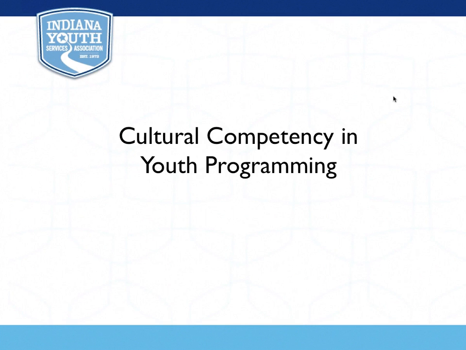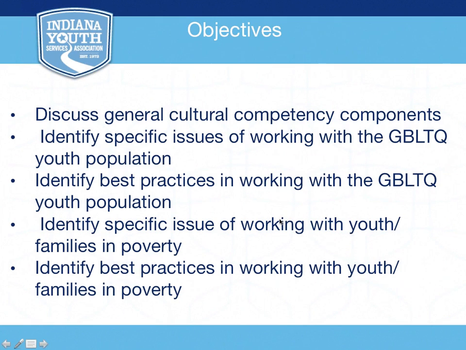We're going to jump right in. What I first want to do is review our objectives. We will talk just a little bit about general cultural competency components, a review from Cultural Competency Part 1.